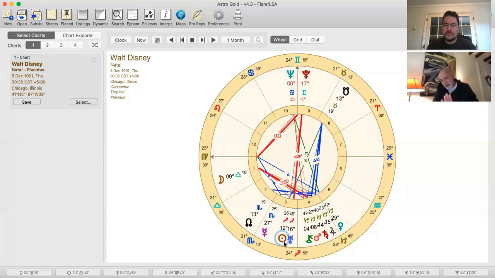That might be a little bit the third house matters, but more so that Moon in Libra. And Libra is much more concerned with protocol, with manners, with the right way to do things, with etiquette. And he placed a high emphasis on that.